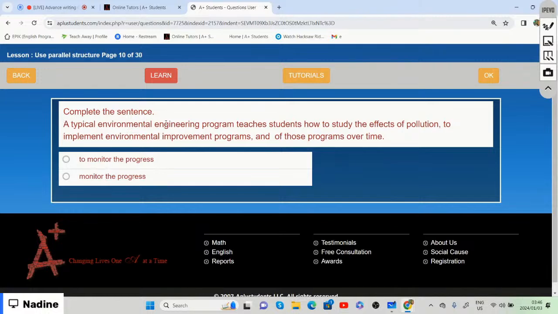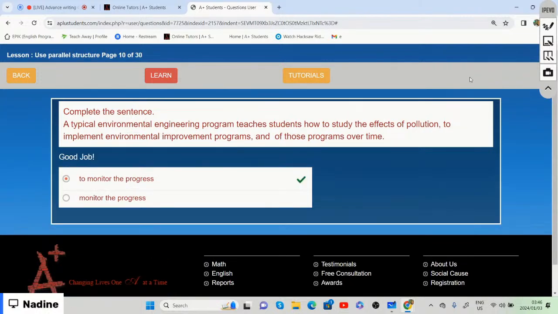So we can maybe say "to monitor the progress of the programs over time."